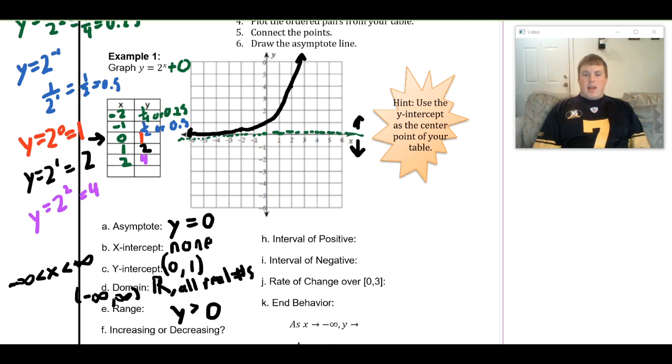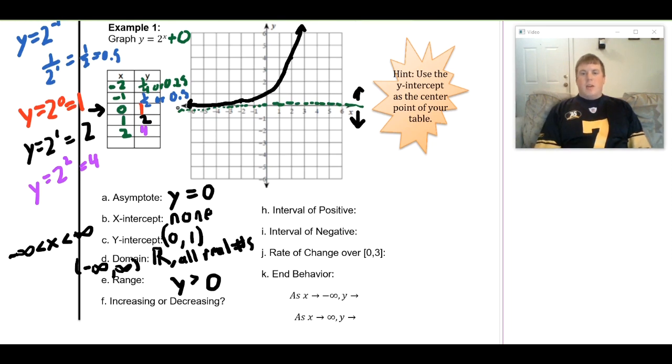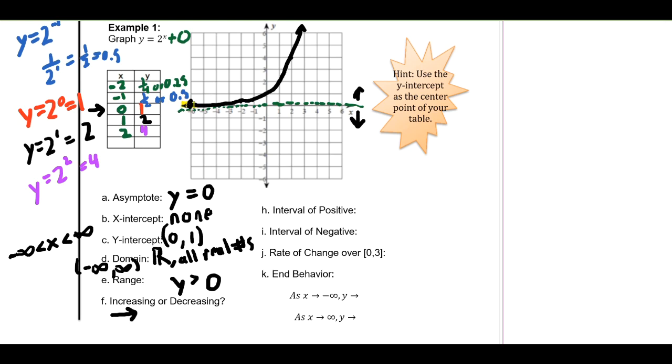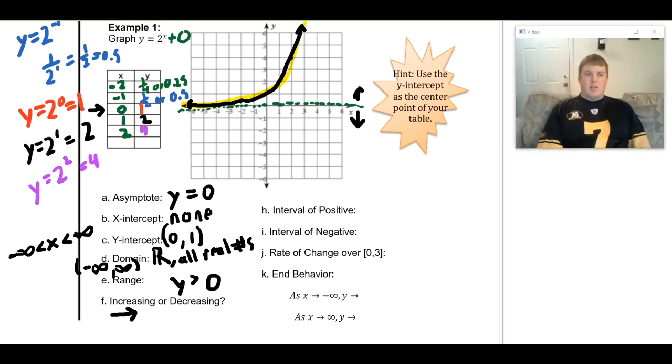Now remember, since we don't actually touch an asymptote, we are not going to have an equal to line underneath it. Alright, continuing on, interval of increasing and decreasing. This function, remember, we will read increasing going from left to right. So if we were to trace this function going from left to right, we would see that this is an increasing function.